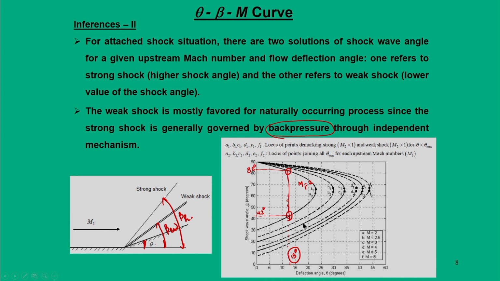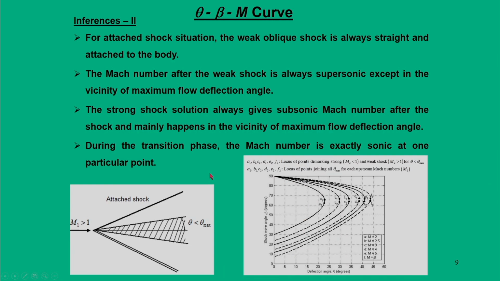The strong shock solution does not occur in a natural process. It is a controlled process in which we can generate a strong shock, but the naturally occurring process is the weak shock solution. So it is always favored.